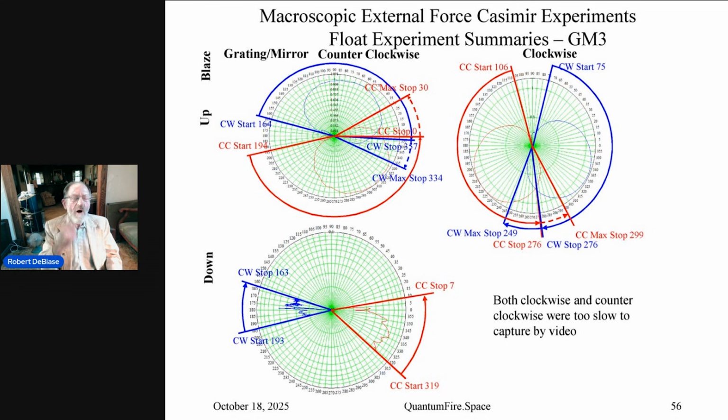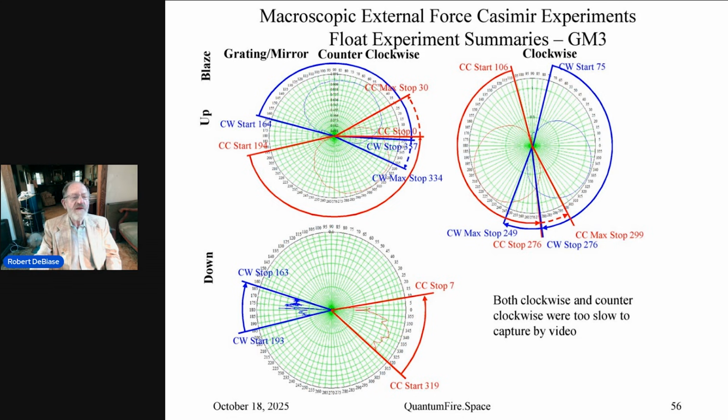I have counterclockwise, clockwise, and counterclockwise means that the mirror grading is counterclockwise, then that's the counterclockwise configuration.